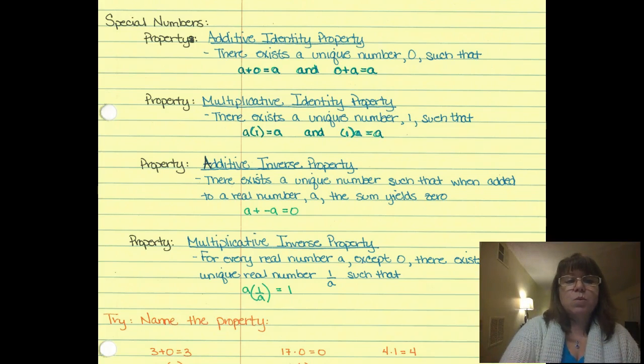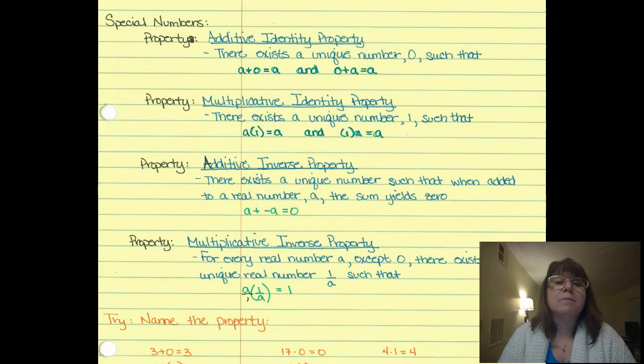So a times 1 will equal a, and you have to assume that there's an implied 1 underneath there. So a times 1 is a, and 1 times a is a, but a over a is 1. So the multiplicative inverse property is similar to the reciprocal.